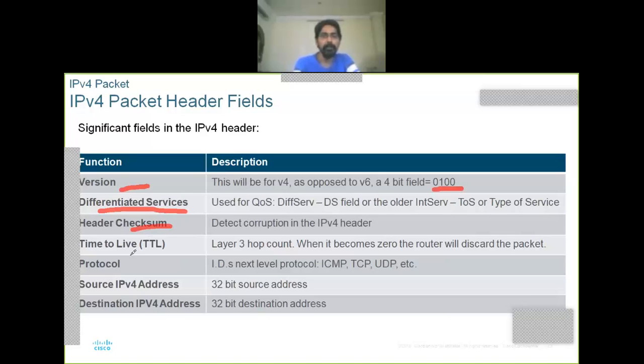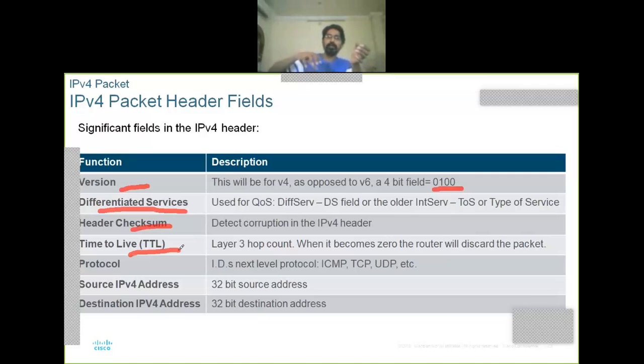Time to live indicates the hop count. Hop count means if there are 10 routers in the network, and the source wants to send a packet to the destination device, the packet has to travel through 10 hops. After the 10th hop, the destination device is there.